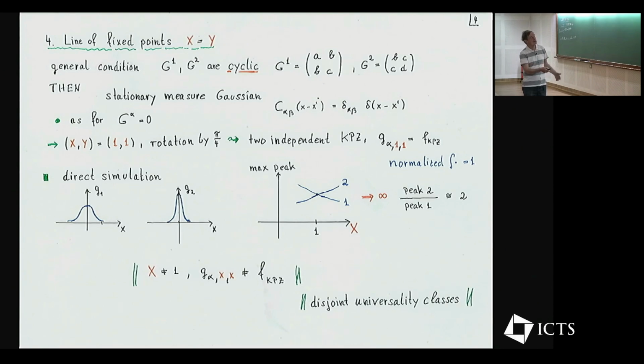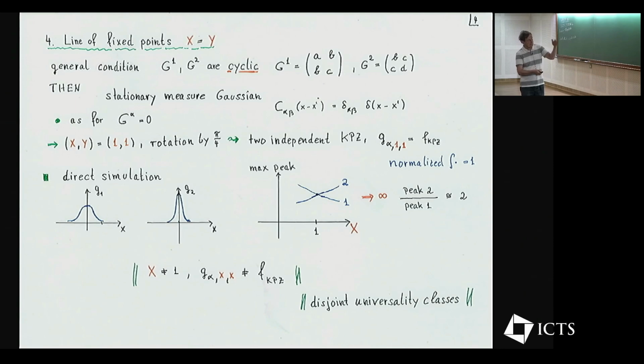Then you can look at, for instance, the maximal peak, and you see this is the point 1, 1, and then this one becomes somewhat higher and the other one lower. We did a lot of analysis of the case where we go to infinity, which has some simplification, and then you see that the ratio of these heights is 2.